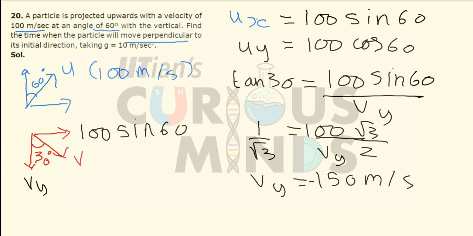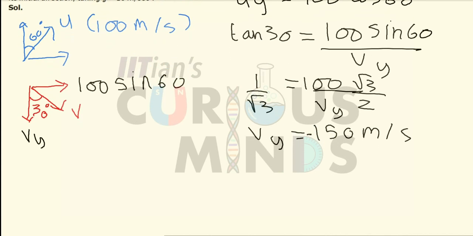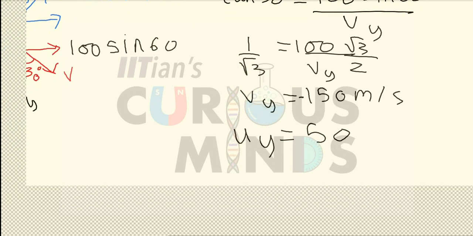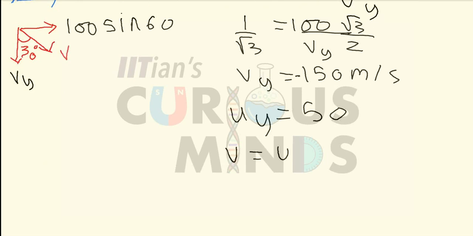Now let us proceed with this part. The initial velocity along the y direction was 100 cos 60, which was equal to 50. Final velocity is equal to minus 150. We have to find out the time, so we will use the formula v is equal to u plus at.